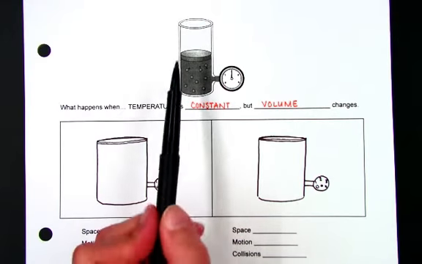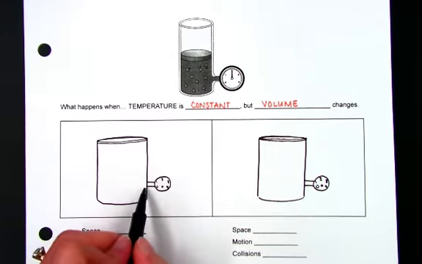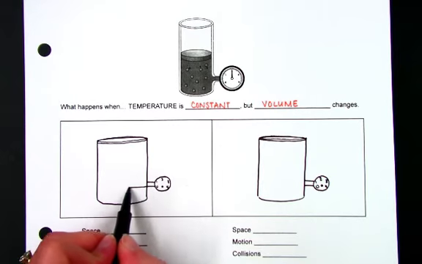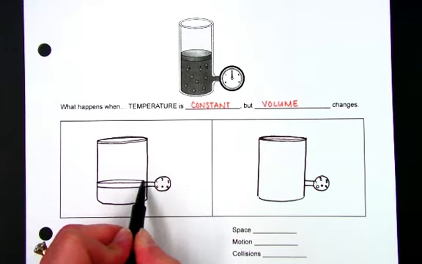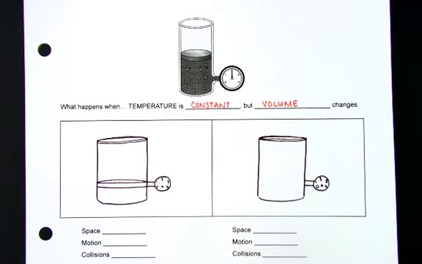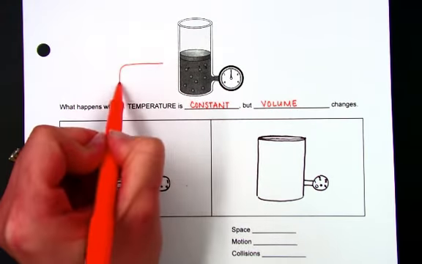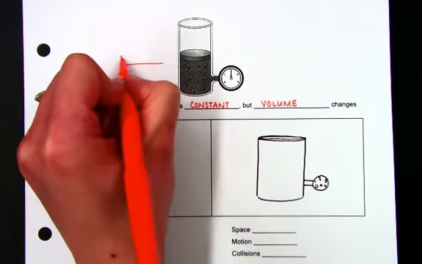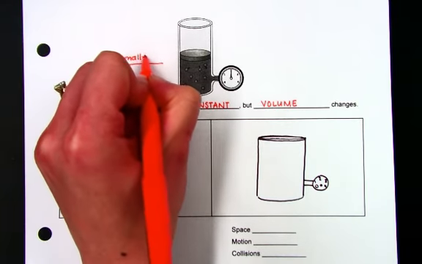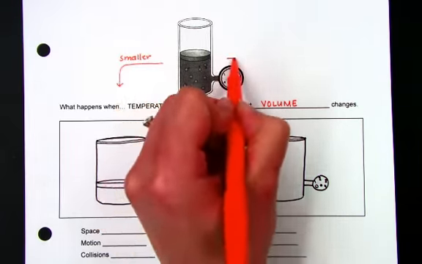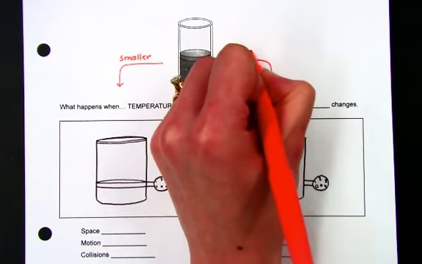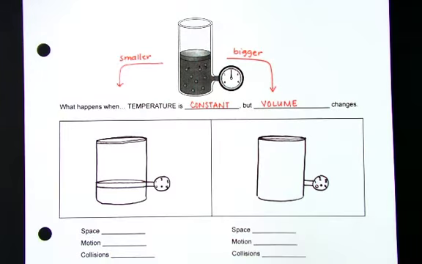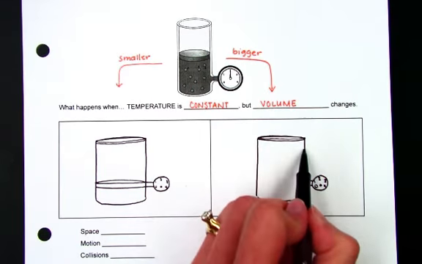Because volume is the amount of space. So I'm going to put my lid way down here for this one, because this side is going to be a smaller space. And this here is going to be a bigger space. For the bigger space one, I'm going to put it way up at the top.